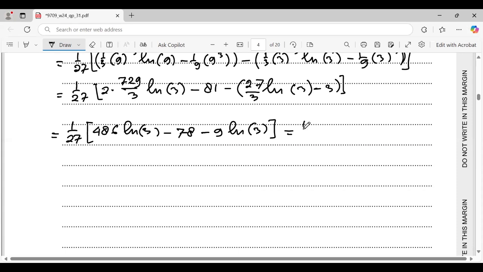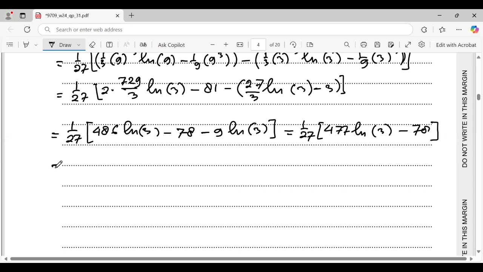It becomes 1/27 of 486 minus 9, 477 ln 3 minus 78.